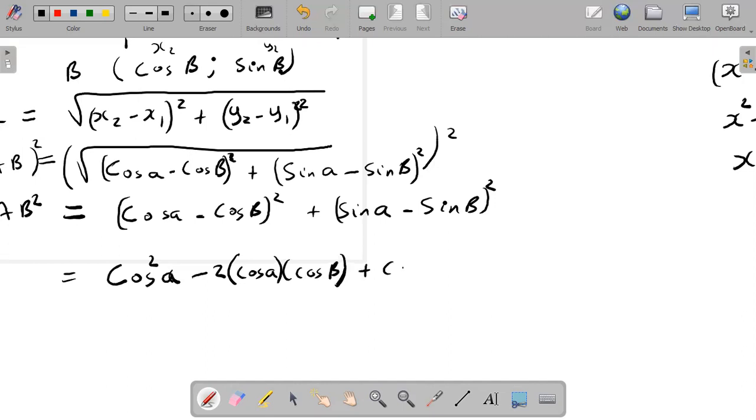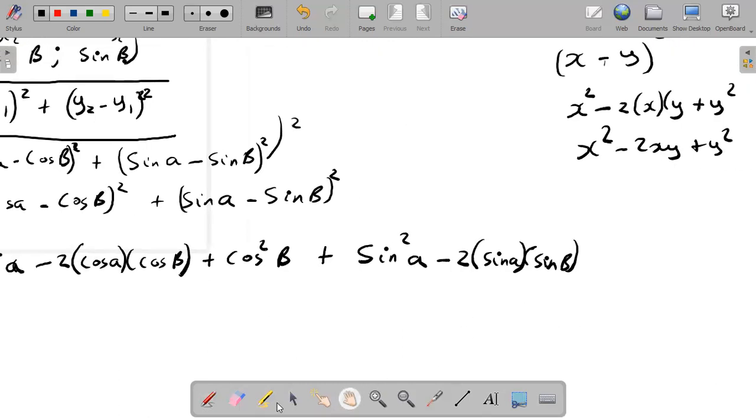Plus cos squared beta, right? Plus, we repeat again for the other one. We're going to expand it again by inspection. What is it going to give us? Sine squared alpha minus 2 times sine alpha times sine beta, right?